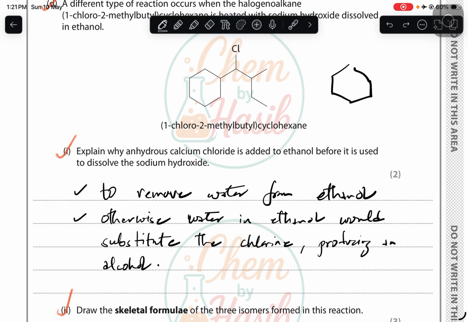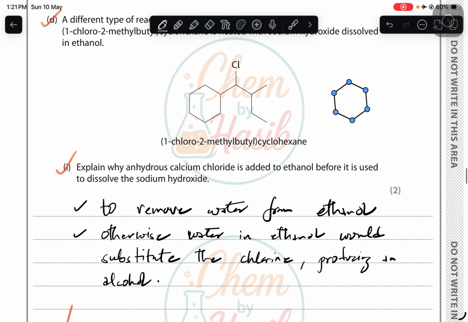So this is the hexagonal ring structure. Then we have chlorine here, and a methyl group and an ethyl group here. Okay, and there's chlorine here. That's the structure, right? So we'll eliminate H and Cl.